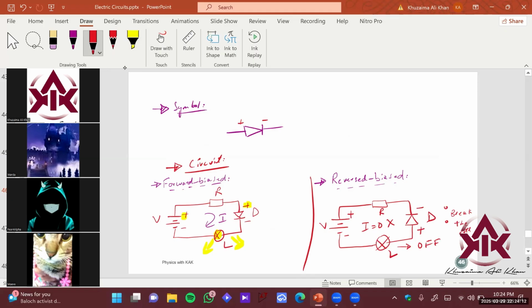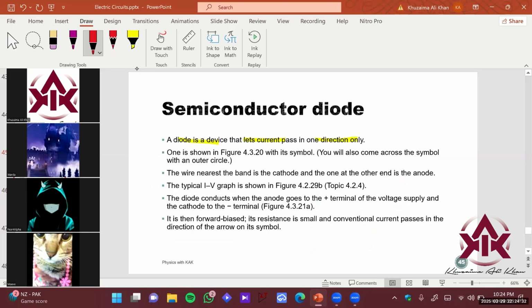If the current is going to flow, let's say, in the reverse direction, you can see that the polarity of the battery is not matching. Now it's going to block the current from flowing. That is saying that the diode only allows the current to pass when it is in this configuration here. In any other configuration, it will block the current flow. That is the main property of the diode, right?